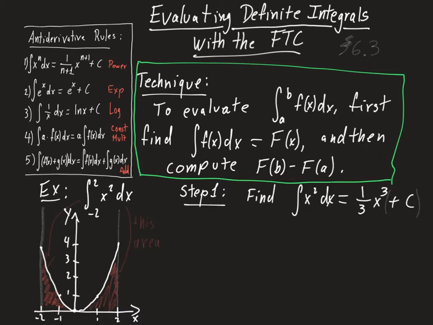So let's see how that works out. Step 2. So let's call this function capital F of x. Step 2 says just find capital F of 2 minus capital F of negative 2.